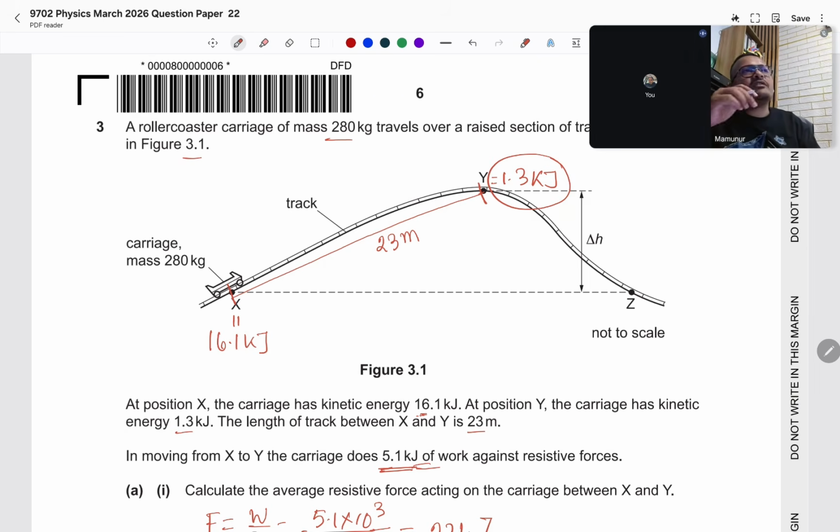So if I subtract this 5.1 kilojoule energy and 1.3 kilojoule energy, the rest is the potential energy, that equals mgh.